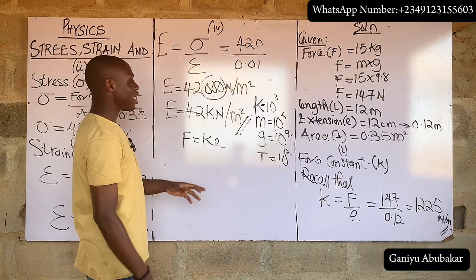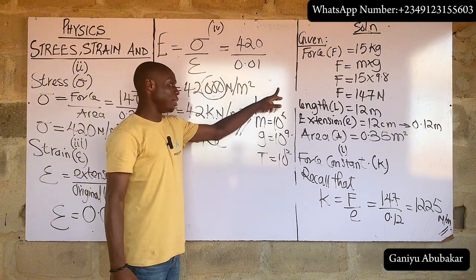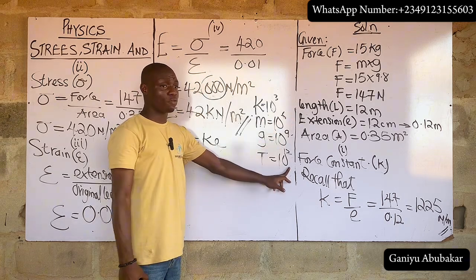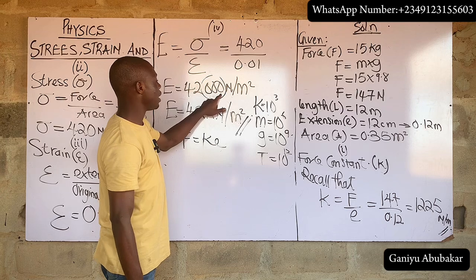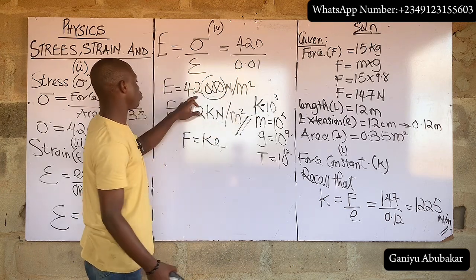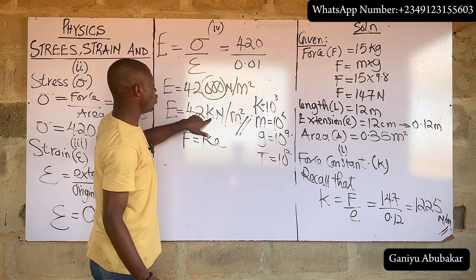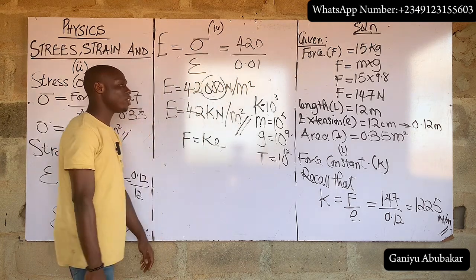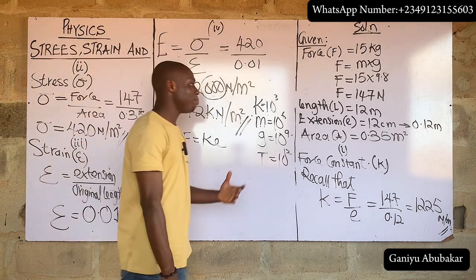But I just said that kilo is 10 to the power 3, mega 10 to the power 6, giga 10 to the power 9, tera 10 to the power 12. So these three zeros here, I can represent as kilo. So I have 42 kilo Newton per meter squared. This becomes my answer to this particular problem.